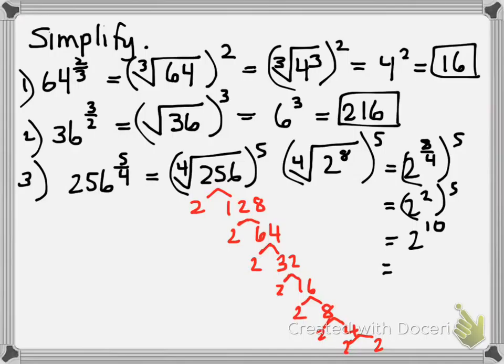Wait, Miss Rosen? Uh-huh. Couldn't you also do it like 2 squared, and then you solve that, so it's 4 to the 5th? So you'd have to do 4 times 4 times 4 times 4 times 4. You can do it that way too.